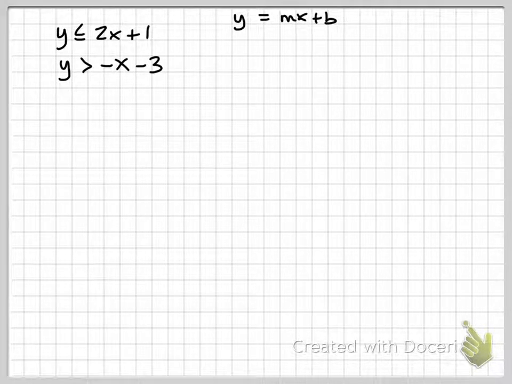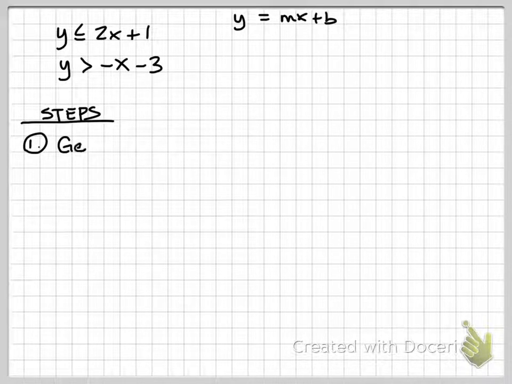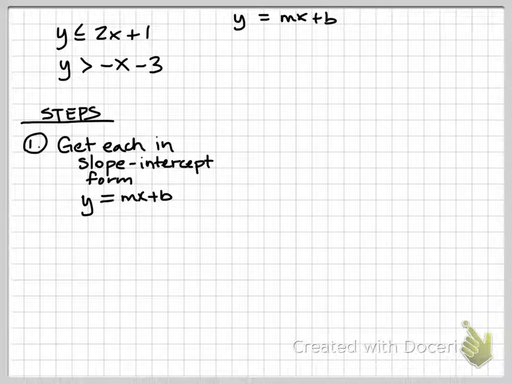Okay, so our first step then, let's write some steps. Steps are good. So step 1, you're going to get each in slope-intercept form. So that's our y equals mx plus b, or y is less than mx plus b, or y is greater than mx plus b. You need the y on one side and then your mx plus b.